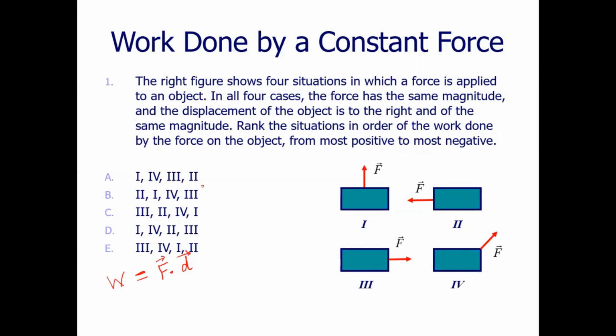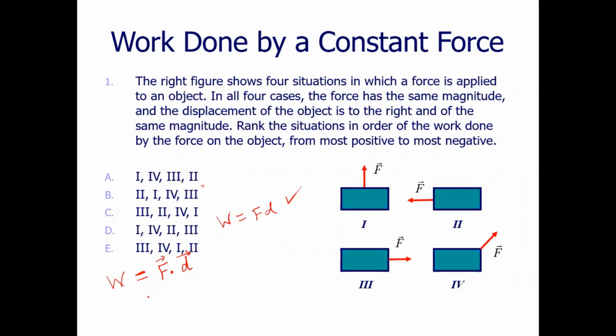So when you say work is equal to force times distance, this only applies when the force is applied horizontally, where the force and the displacement are in the same direction. That is the only time when this formula works. But in general, the work is the dot product of the force and the displacement.